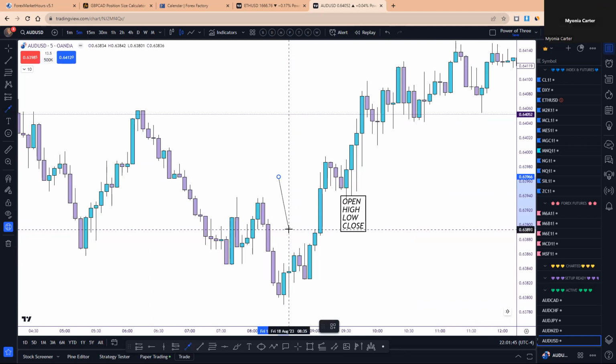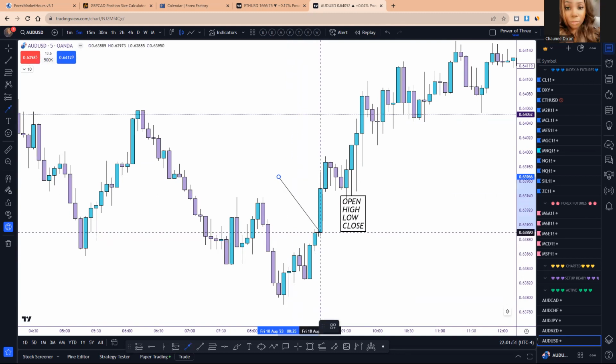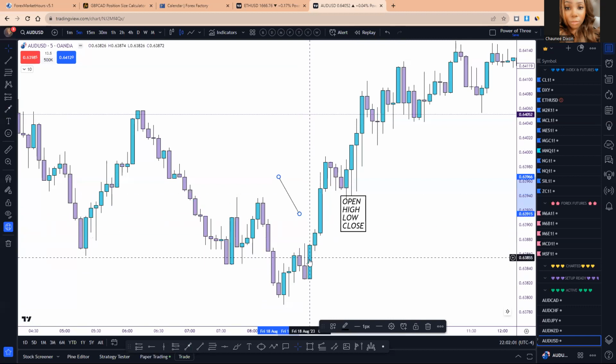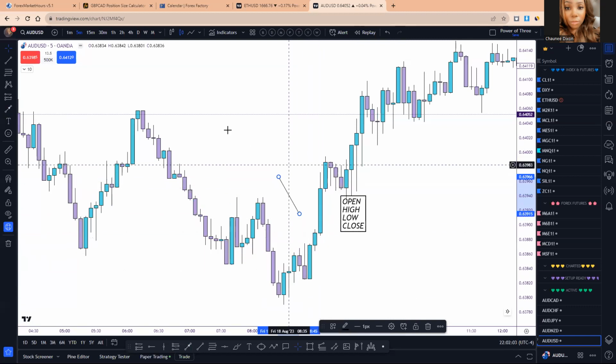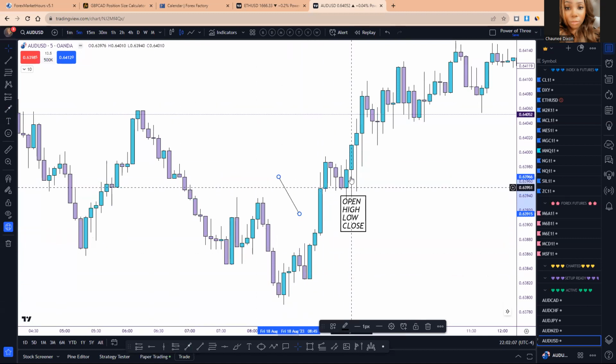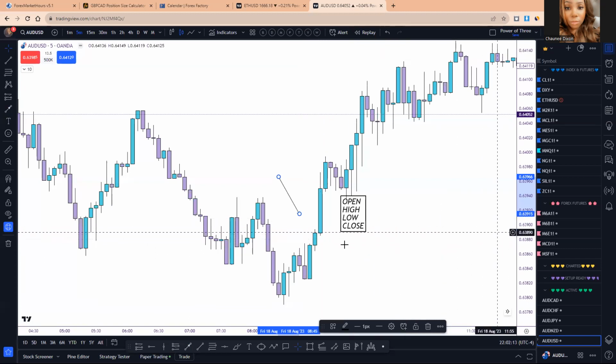When you say open and close, it means that's the price level the candlestick opened at. Price is always moving, but first let me preface by saying each of these candlesticks is a representation of time as well. We're on the 5 minute, so each of these candlesticks opens every 5 minutes. Wherever the opening line is, that is the price level the candlestick opened at the new 5 minute mark.